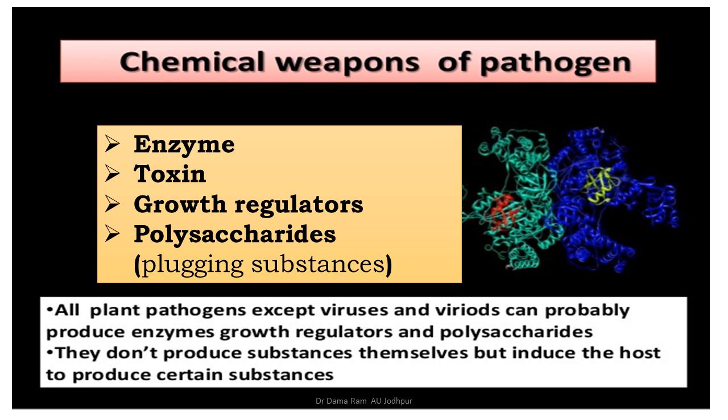And virulence factors are substances or compounds produced by a pathogen during the interaction that help but are not essential to cause a disease. So most of the toxins and some enzymes play a role as virulence factors.